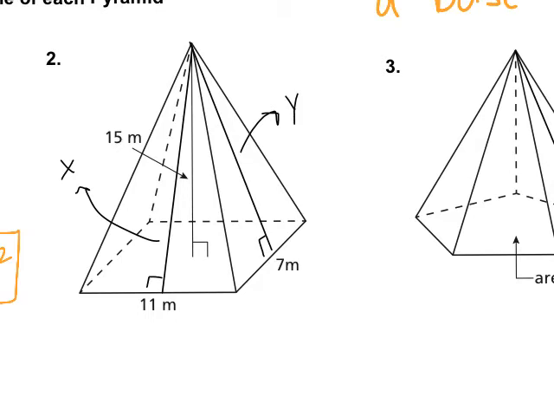Those slant heights are going to be different because if one side of my pyramid was longer than the other, the time it's going to take me to get all the way to the top on this one is going to be much bigger than on this one, right? So one's going to be bigger than the other, therefore I can't use just one of the slant heights. Okay, so that's not going to work.